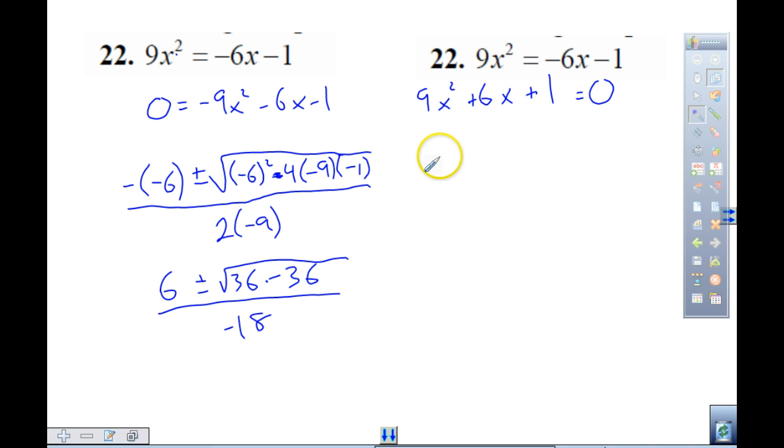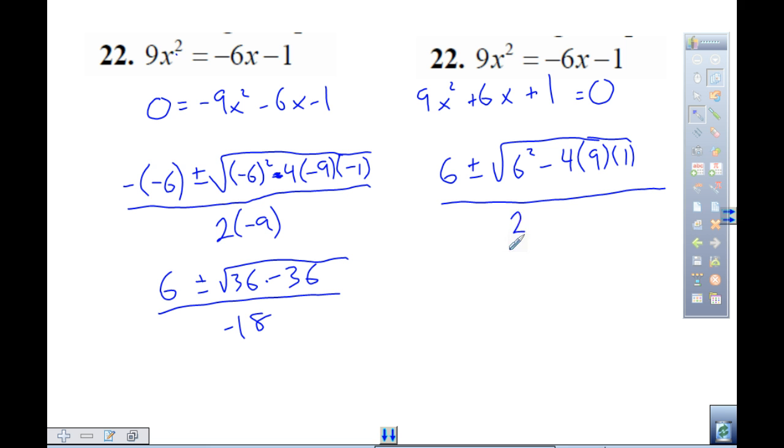Alright. What if we did it the other way? 6 plus or minus the square root of 6 squared minus 4 times a times c, all over 2a. Oh, negative 6 right here. All over 2a.